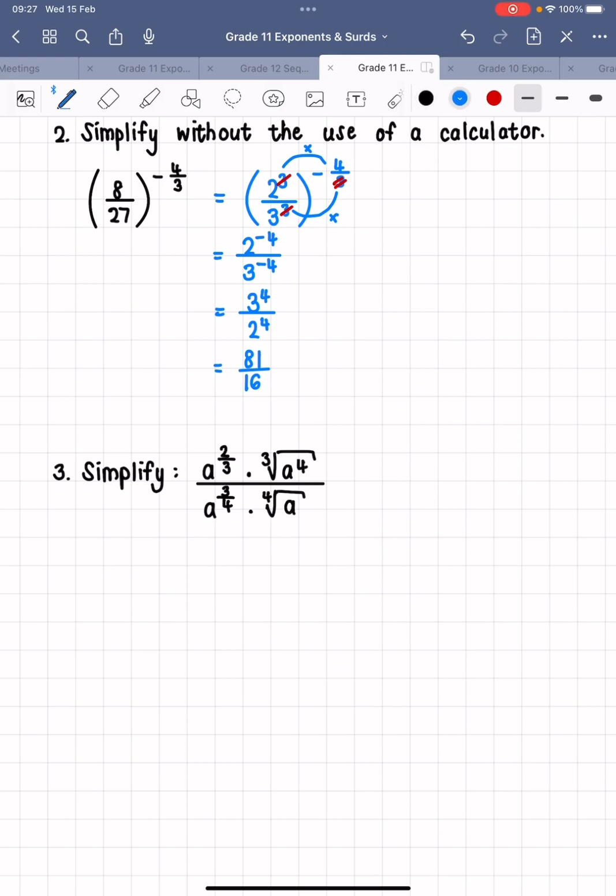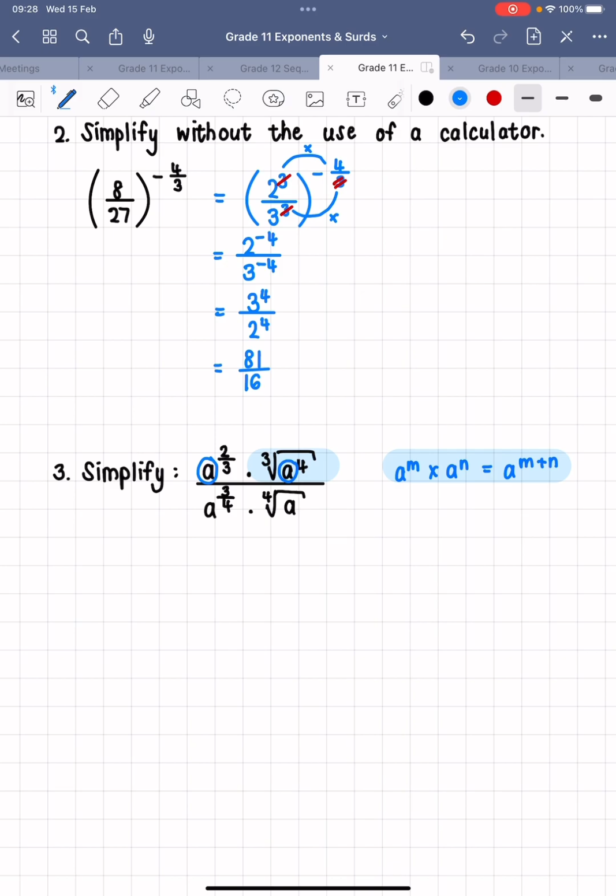Now guys, we are familiar with the law of exponents that we've been using for years already: if you have the same bases, you add the exponents. Here we do have the same bases, but the second expression that I have here is not written in exponential form. So in order for us to apply this law, we first have to write that in exponential form.